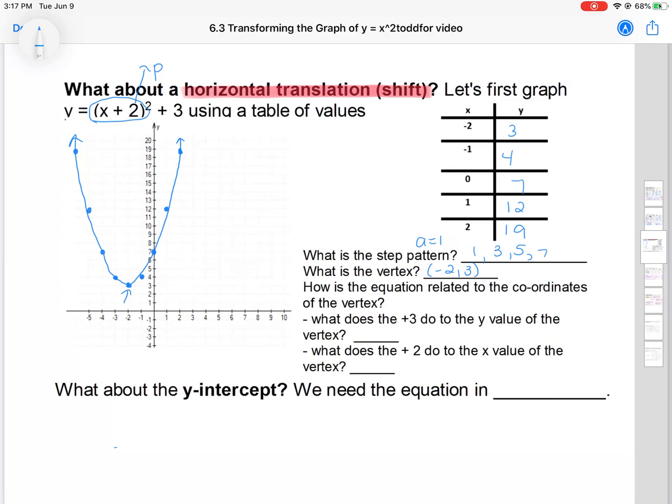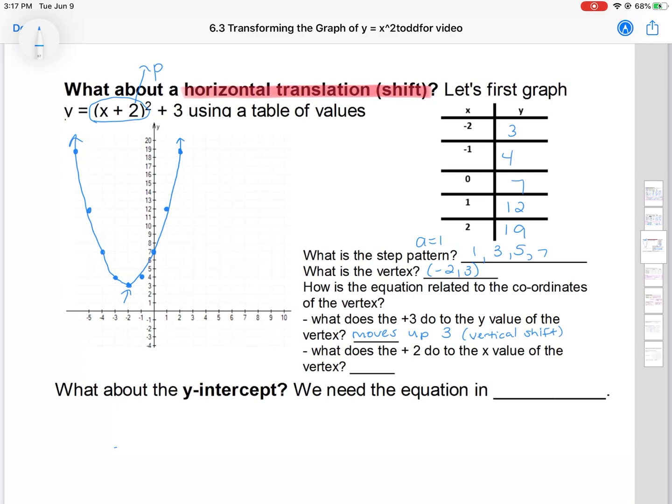So what the +3 does to the y value of the vertex, that was the last translation we did. It's positive, so it moves up 3, or a vertical shift of 3.